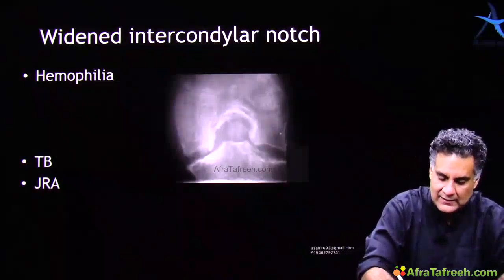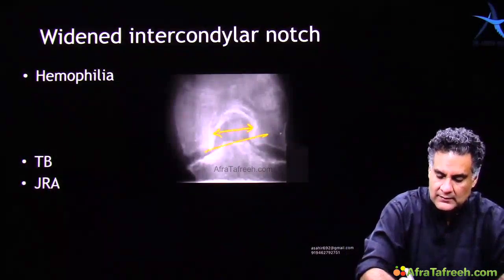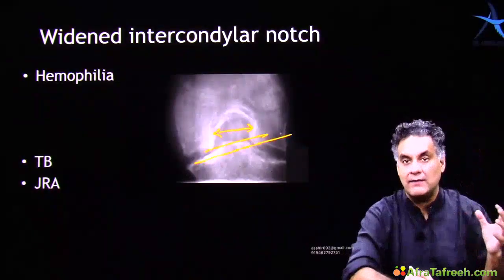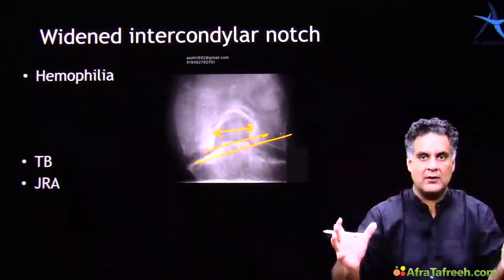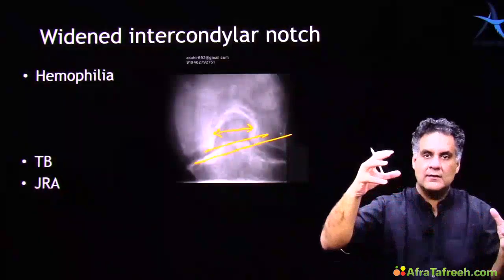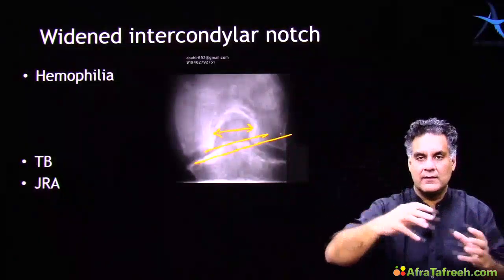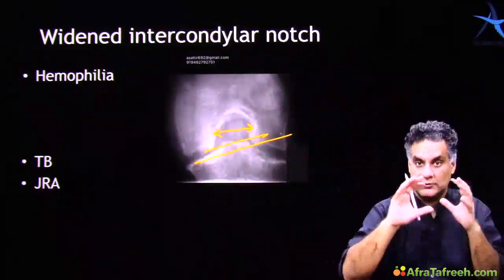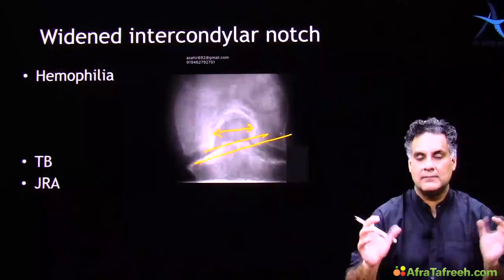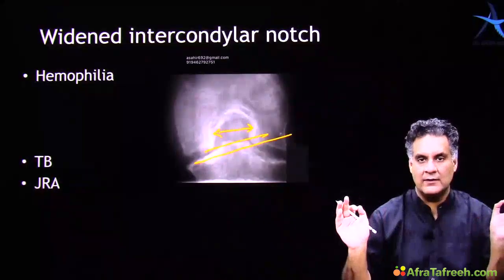And when there is a widened intercondylar notch, this is a characteristic feature of hemophilia, which has periarticular osteopenia all around, tall epiphysis, the patella looks squared, but the important point is the widened notch.